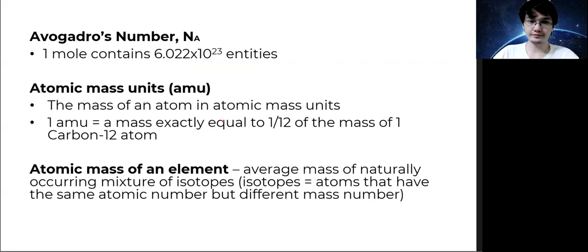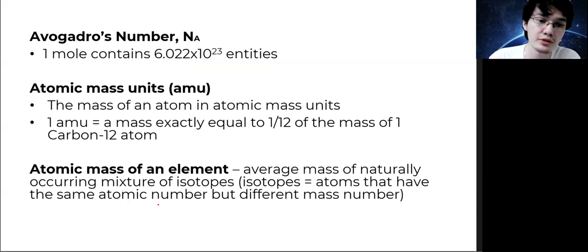Then you might wonder, how did we come up with the atomic weights of our elements? So they are determined by calculating the average mass of naturally occurring mixtures of isotopes.